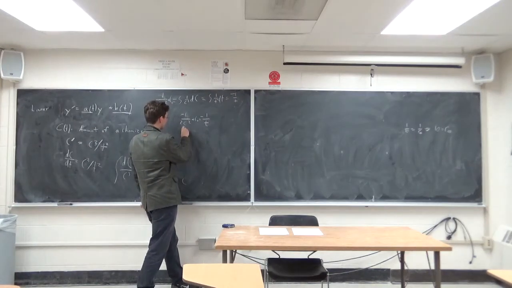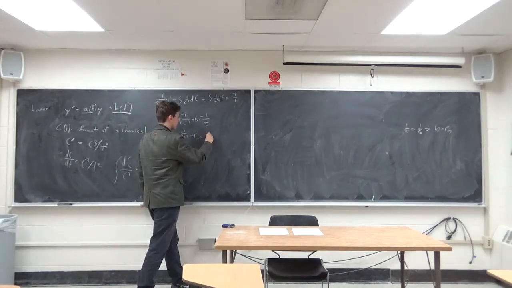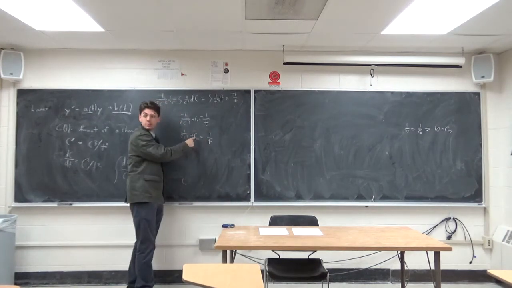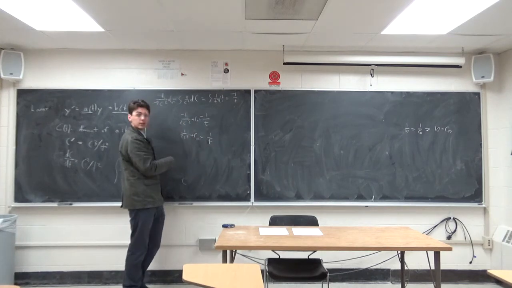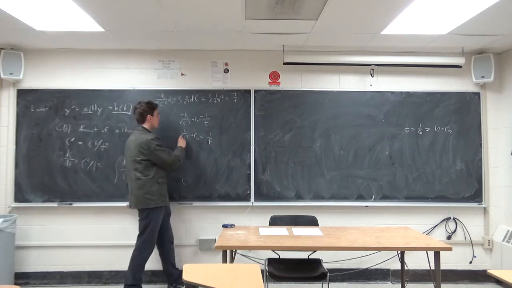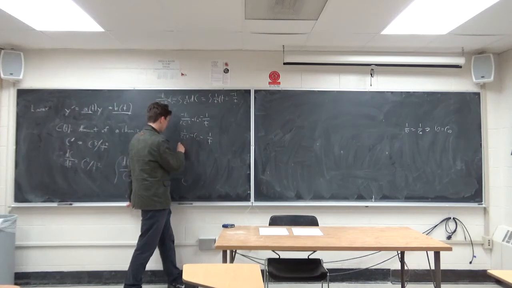Alright, so this is going to look like 1 over 2 c squared plus c naught equals 1 over t. I'm leaving the c naught because it's just a constant, so when I took that negative, it doesn't matter. Then I get 1 over c squared equal to 2 over t.